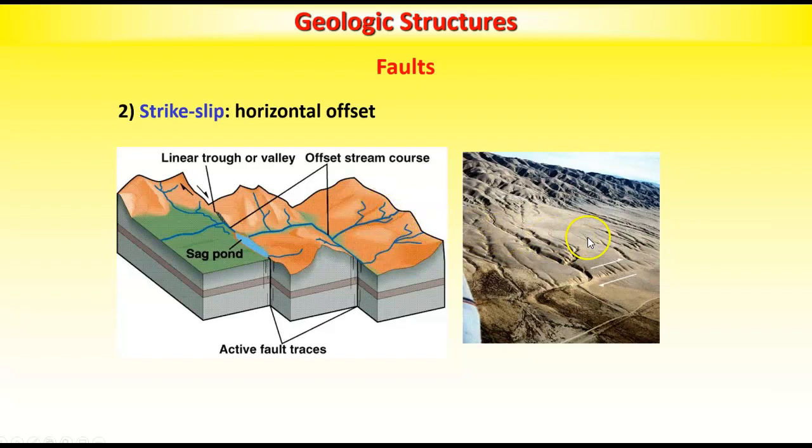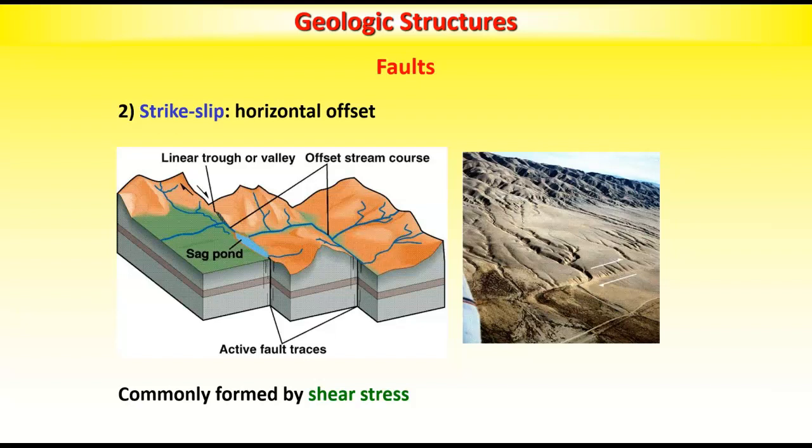And so a lot of times when we're looking in the middle of nowhere, we're looking for features like a river. And so this example to the right is showing that a stream has been carved into this sediment here, and it makes this really sharp turn along this feature here, suggesting that it's been moved, okay? And so that would indicate a strike slip fault, and the stress that we would associate with that would be shear. And once again, we would need a map view to determine this.